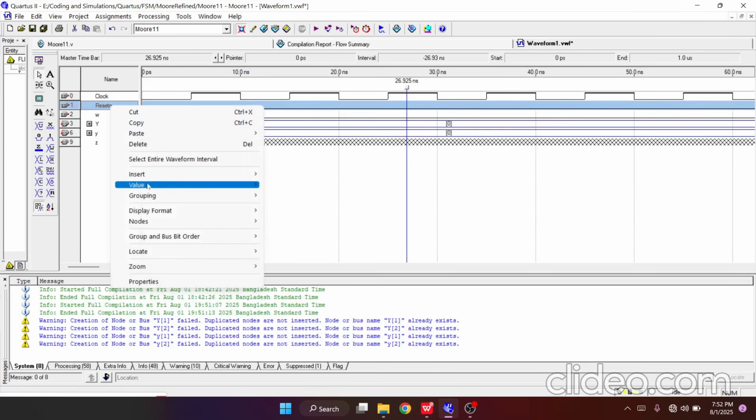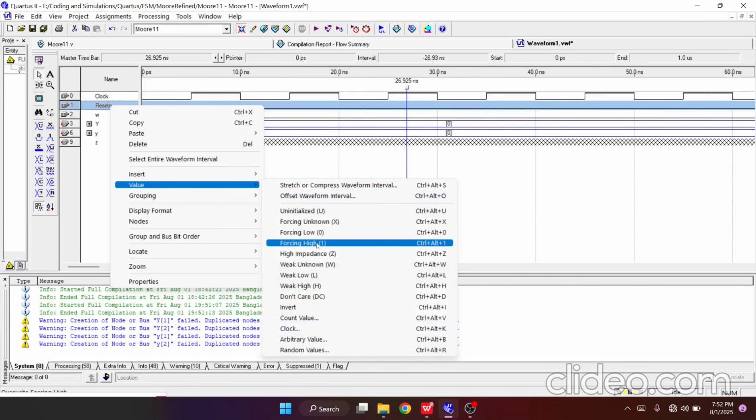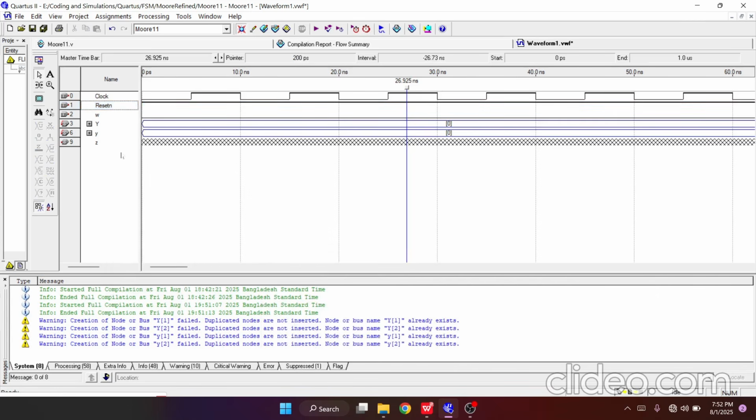So first use forcing high, then I will show you the usage of the waveform editing tool here. Click this, then come back here.